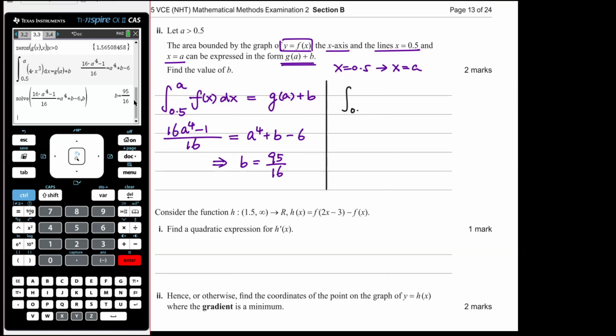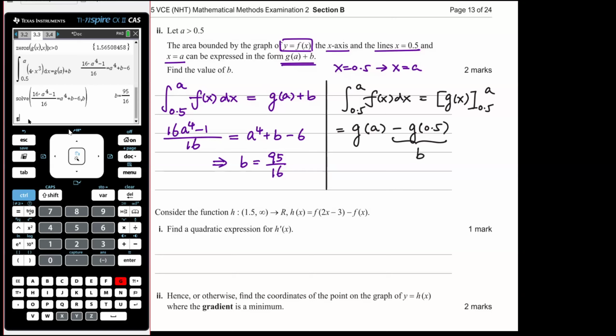So you say the integral from 0.5 to a of f x dx equals g of x between 0.5 and a. And you get g of a take away g of 0.5. So this bit will be your b value, okay? So you can just simply evaluate g of 0.5 with a negative. So it's 95 over 16.